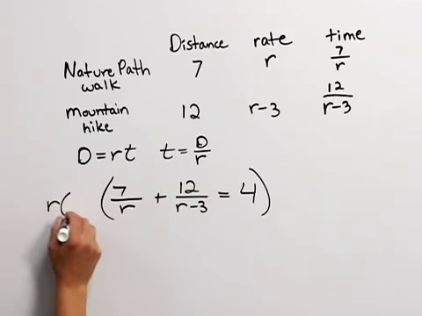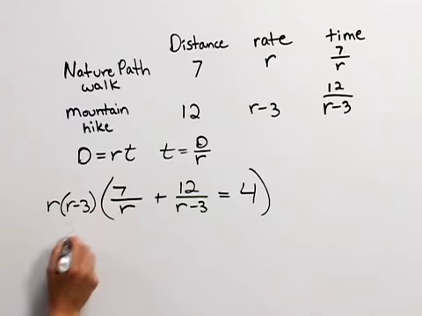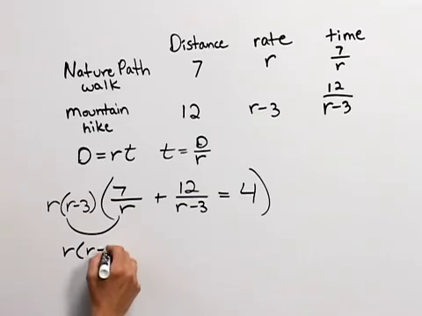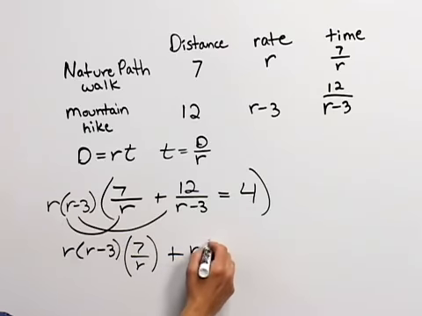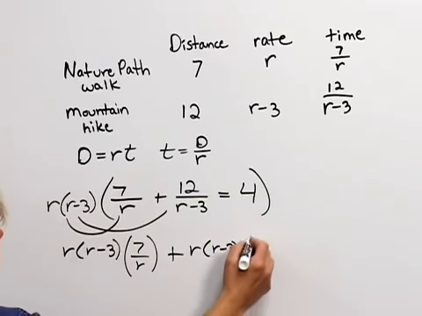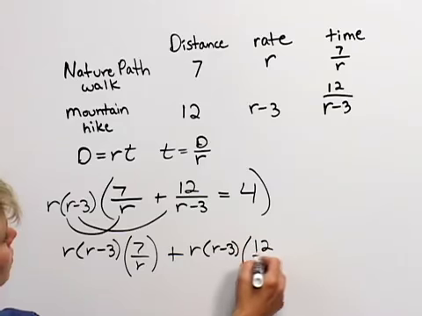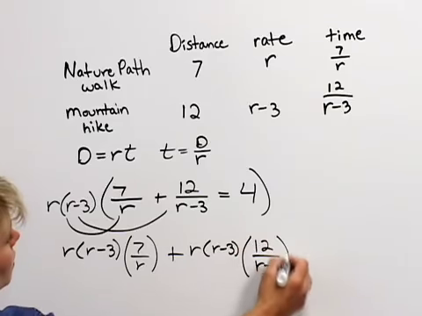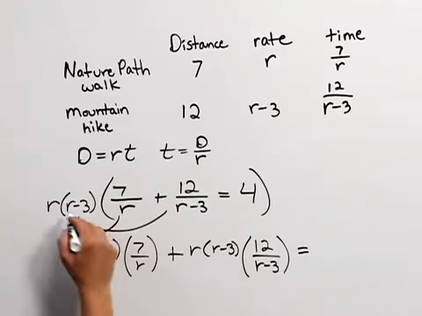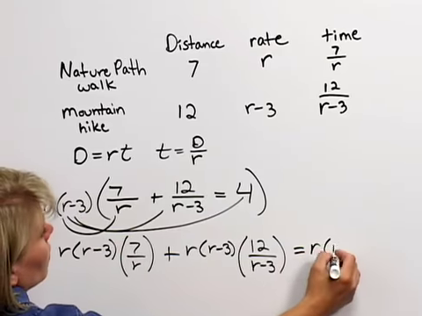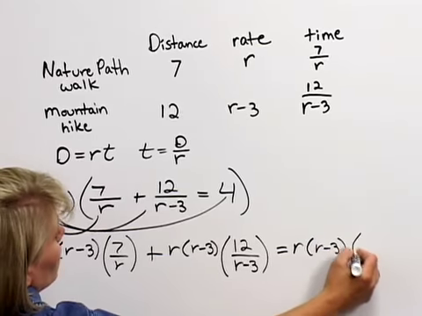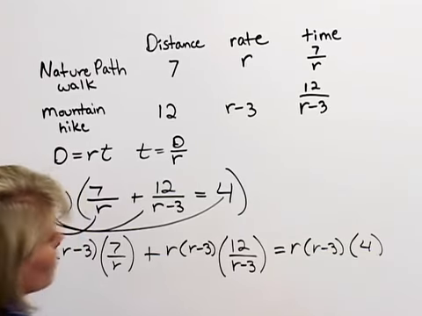We have R times R minus 3 multiplied by our first term, which is 7 over R, plus R times R minus 3 times our next term, 12 over R minus 3. And that equals R times R minus 3 times our final value of 4.